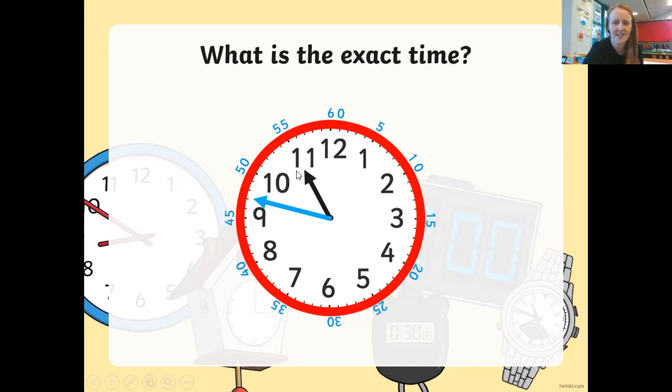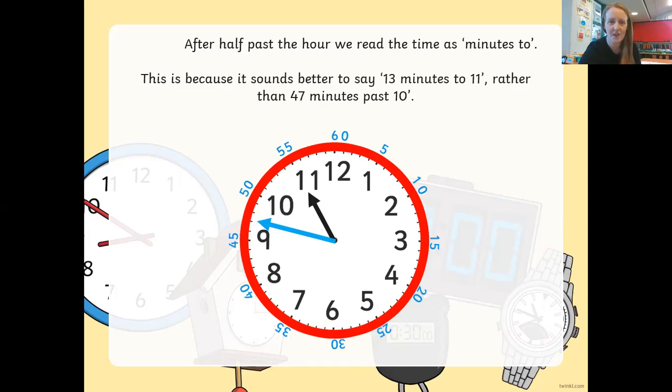Because my hour isn't quite yet on 11, it's nearly there, but it's still in between those two. 47 minutes past 10. Sorry, children. 47 minutes past 10.